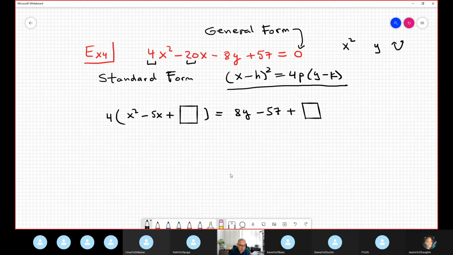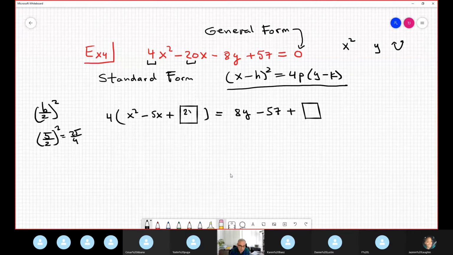Remember the formula for the magic number is b divided by 2, squared. And b in our example is 5. I don't care if it's negative or positive, it's not important. 5 divided by 2 squared. And this is the magic number here, the number 25/4.